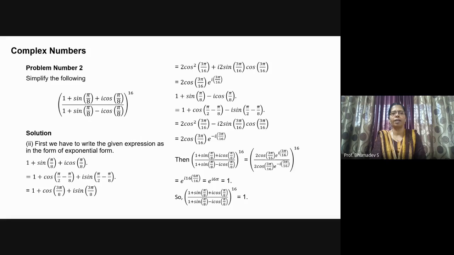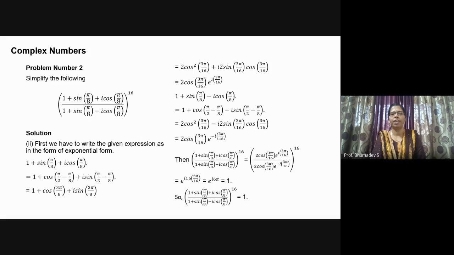Combining, 1 plus cos 3 pi by 8 can be written as twice cos square 3 pi by 16, plus i into sine 3 pi by 8, which can be written as twice sine 3 pi by 16 cos 3 pi by 16.